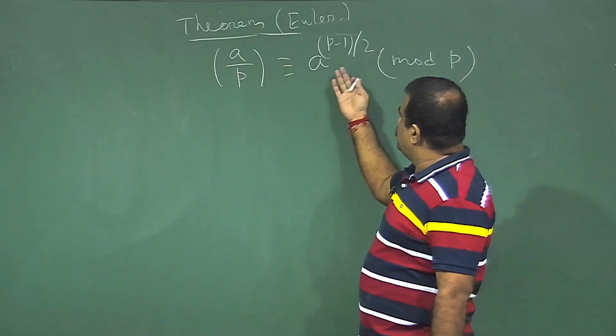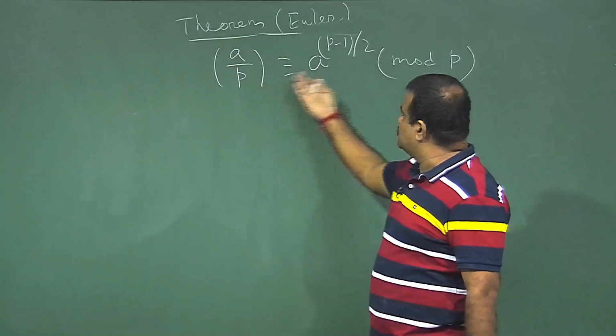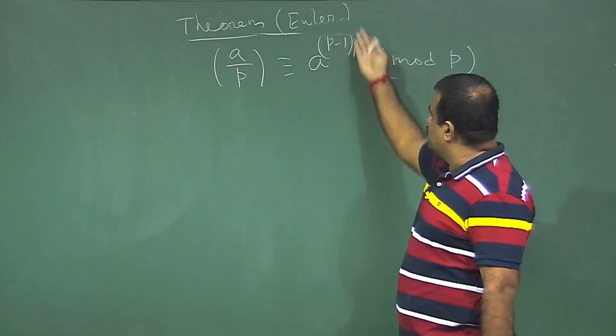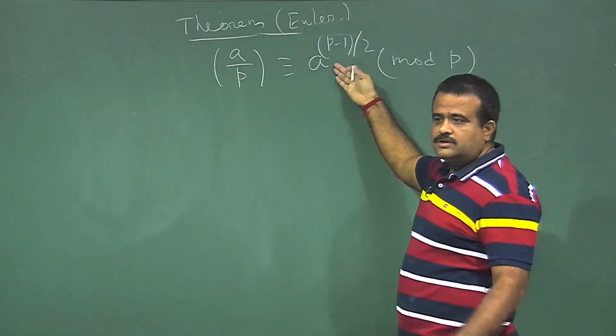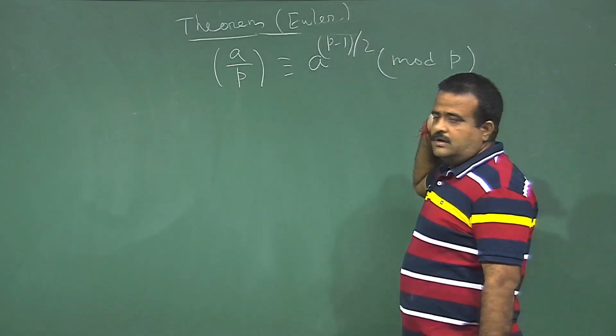So, if we have this, then we can calculate the symbol, because this is just an exponent.